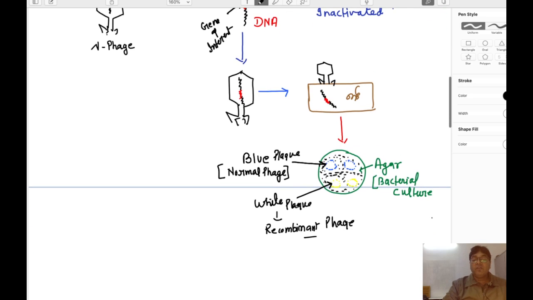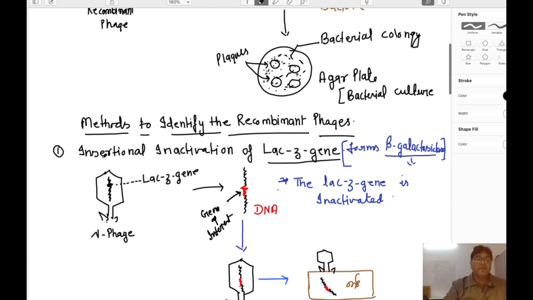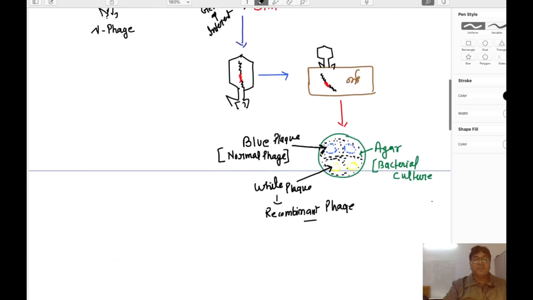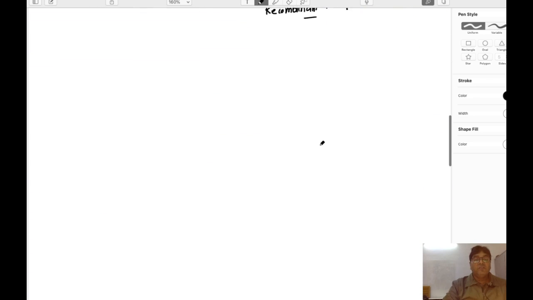So in these white colonies, the lacZ gene is disturbed by the gene of interest, and because the gene of interest is there, they are called recombinant phages. So this is the first method, insertional inactivation of lacZ gene, which can be utilized for identification of recombinant phages.